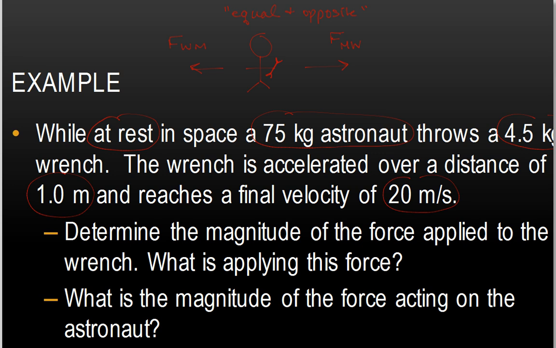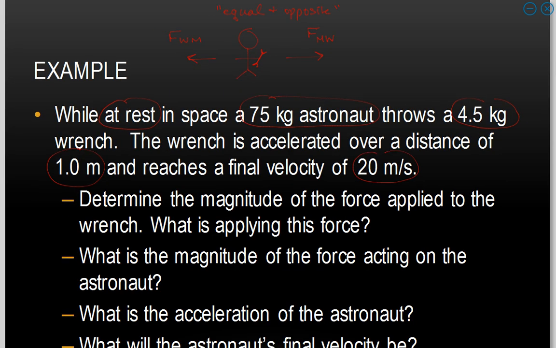If the forces are equal and opposite, I just need to find one of the forces from the information, and that will help me equate that over to the other side. So we have to use the information given to us, and you notice that you're given some kinematic stuff. Every unit of physics, whether it's physics 20 or physics 30, will always give you kinematic stuff that you have to work with.